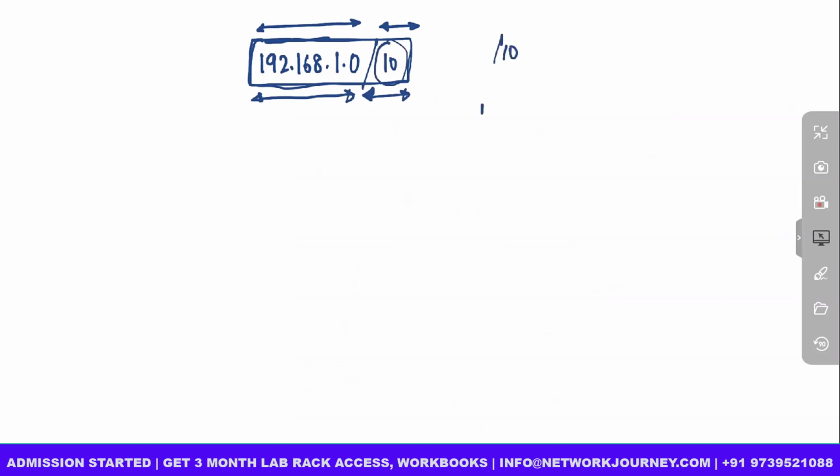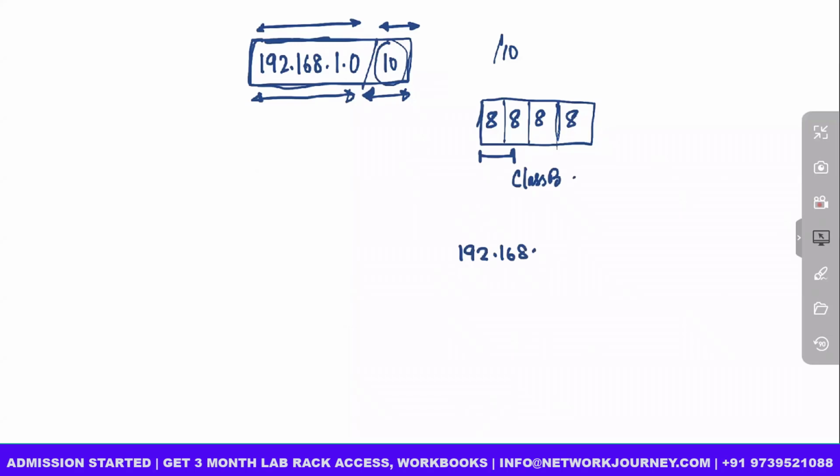So think from the 4 octet perspective. You have 8 bits, 8 bits, 8 bits, and 8 bits. So you will fall somewhere here. So basically you're a class B guy now. So if you are making any change, because it's class B, you are basically making change to this only.